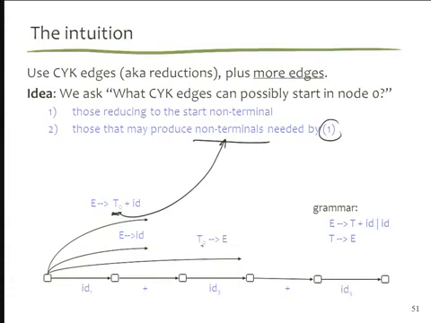And those that may produce non-terminals needed by 2, and so on, and so on, and so on. So in order to determine what edges could be on the left, you do these steps until you are sure that you have found all the edges that could potentially start there. Those you must not suppress, because you could fail to parse the input.